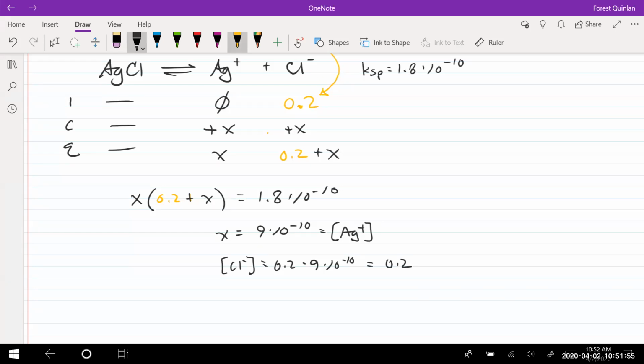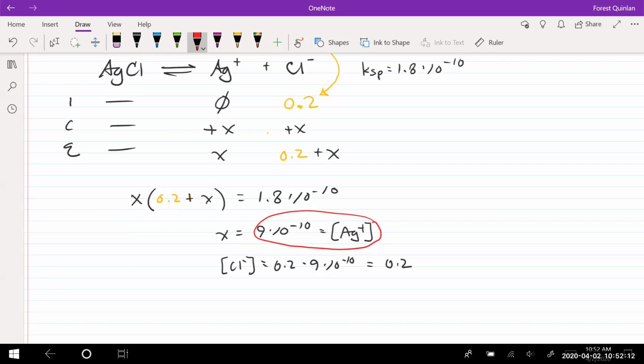But the one we really care about here is this silver. So when we talk about the solubility, we're almost exclusively talking about that metal that we're in there for, because those are the ones we care about trying to get rid of.